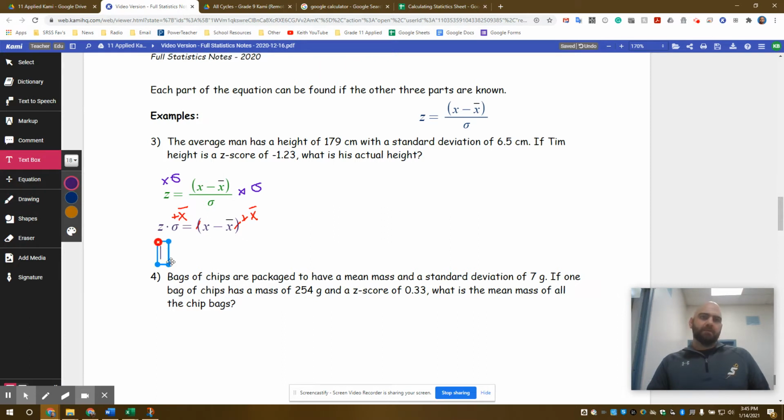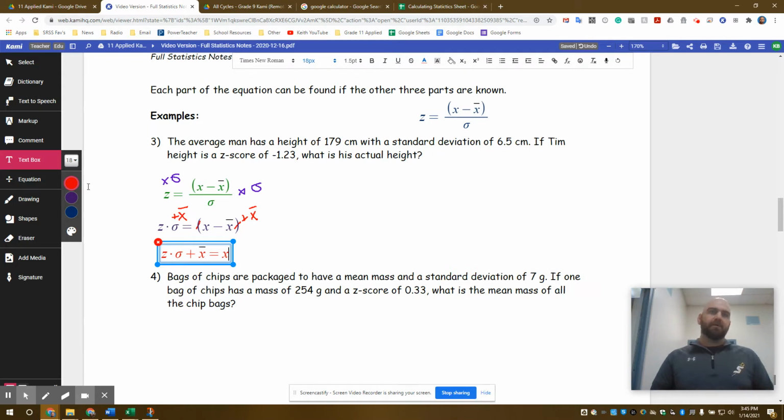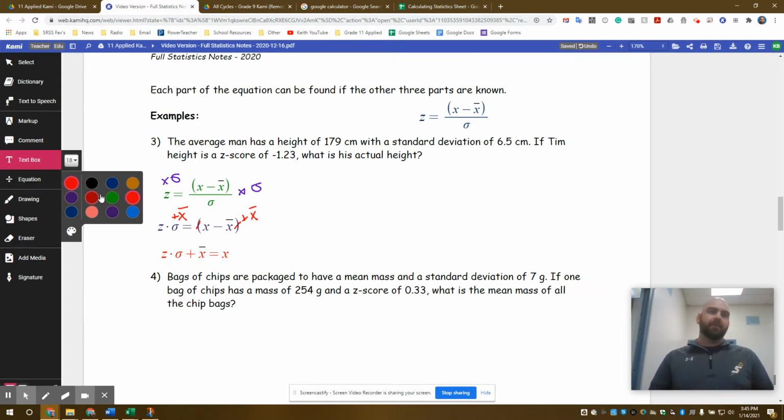And so what that will give us is that z times sigma plus x bar is equal to x. So to find our data point, we can do our z-score times sigma, and then add our mean onto there.